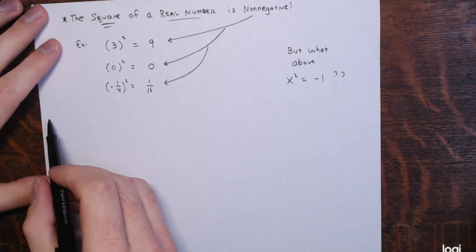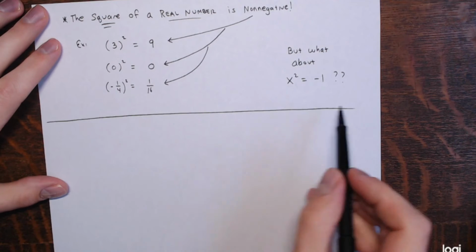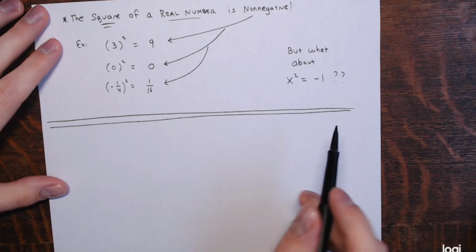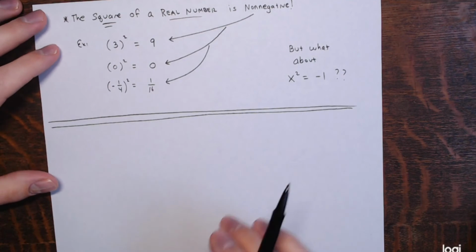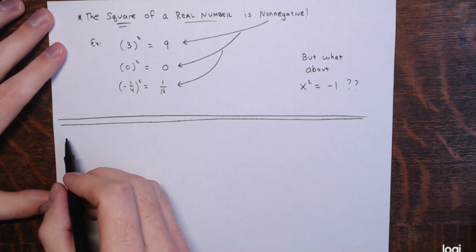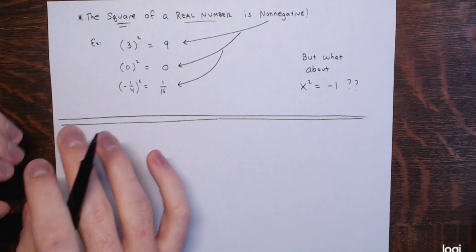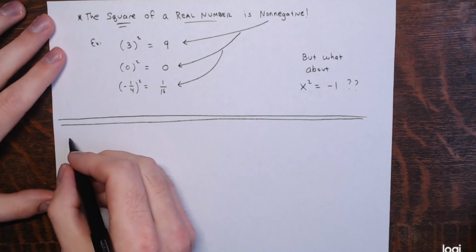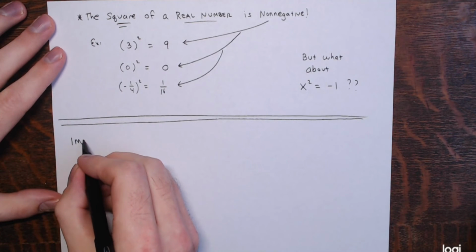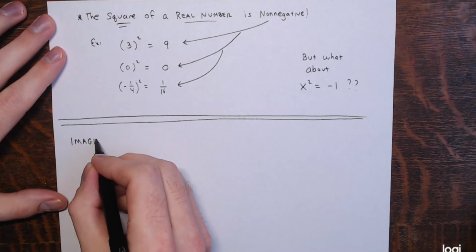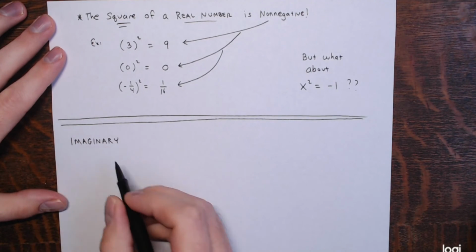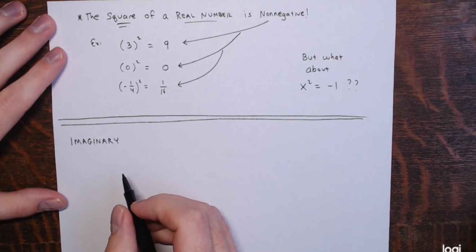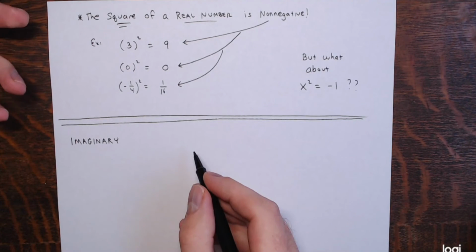So we're going to go into a whole new set of numbers now. And this is where we're going to get into what this section 2.4 part 1 assignment is about. So you have the reals, and then you have a totally separate set of numbers called the imaginary numbers. Now don't let the name fool you. They aren't imaginary. They exist. I mean, just as soon as I write it, it's there.